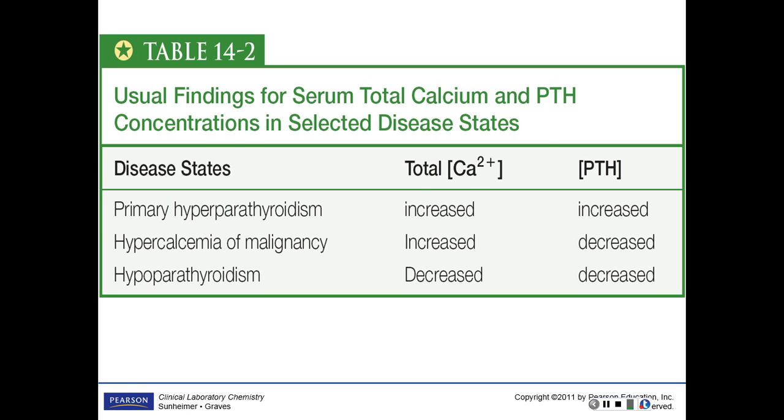This chart is utilizing the total calcium, showing you it's increased with primary hyperparathyroidism and decreased with hypo, whereas the parathyroid hormone itself would be just opposite because it's a feedback mechanism.